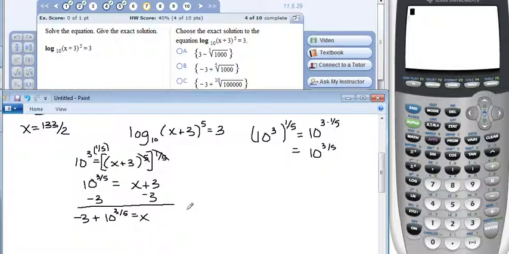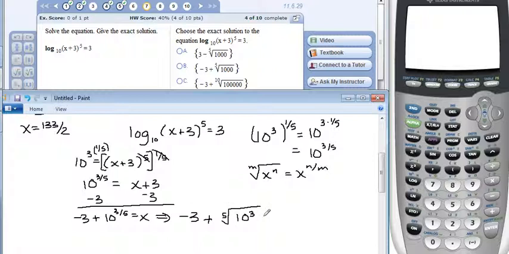Now my answers all up in here are in radical form, so I'm going to have to use that radical conversion. Okay, again, yes. How many times are we going to use this? I'm here, I want to go there. Okay, so I've got negative 3, I've got to get that negative 3 in the beginning because that's the way these are. Plus, and then I've got my 10 underneath here, and I'm going to have my numerator, which is my 3 here, and my denominator here as my index.